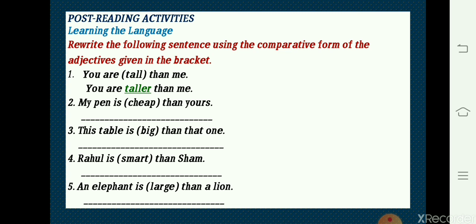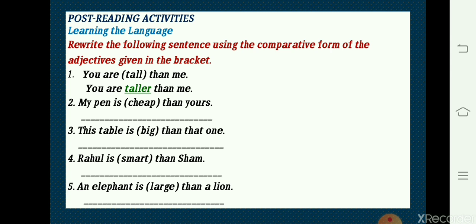So ready to solve all the sentences from 2 to 5. Sentence number 2. My pen is cheap than yours. Okay. Change this sentence by using the comparative form of the adjective. I hope you have done it well. It will be cheaper. Number 3. This table is big than that one.